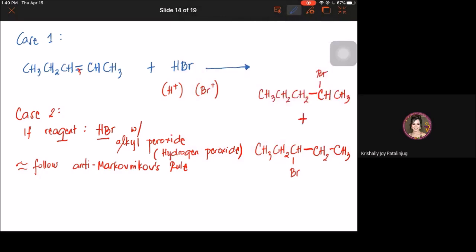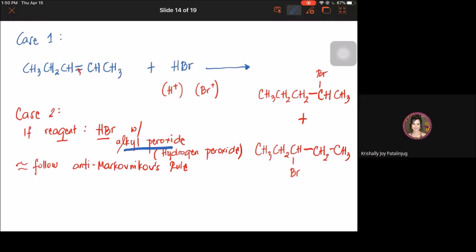Si alkyl peroxide kasi, it will try to counteract the, let's say, the regioselectivity of the electrophile being added. So, kumbaga, it causes a peroxide effect. Iyahang gina-counteract ang selectivity ng electrophile being added.